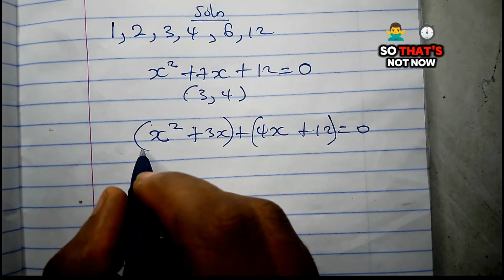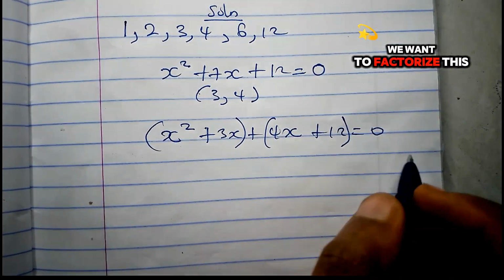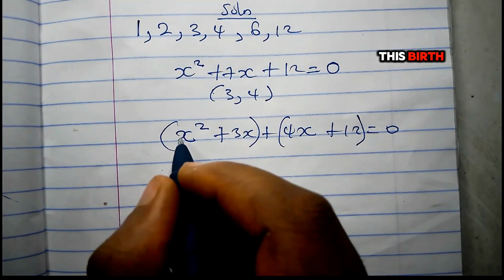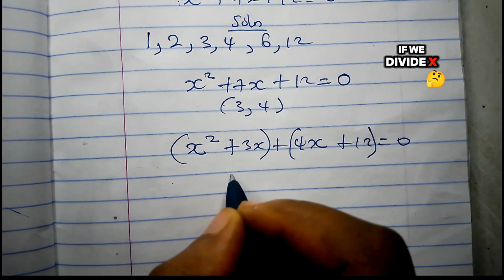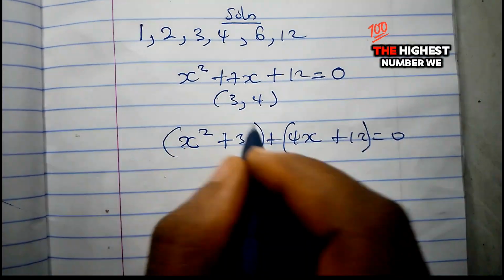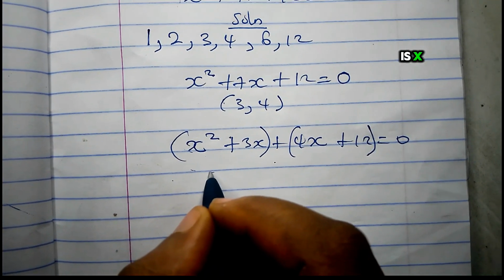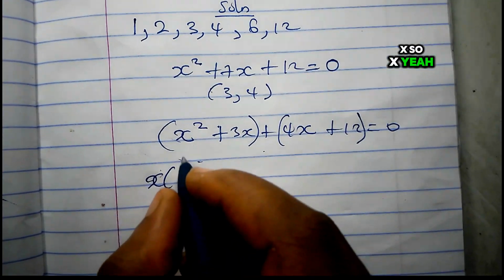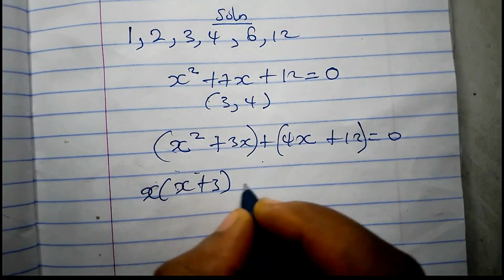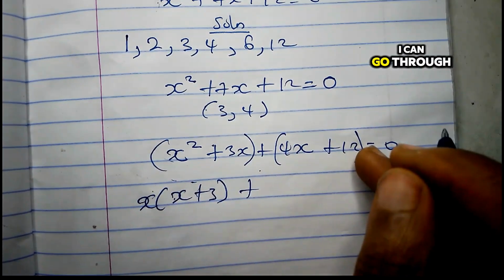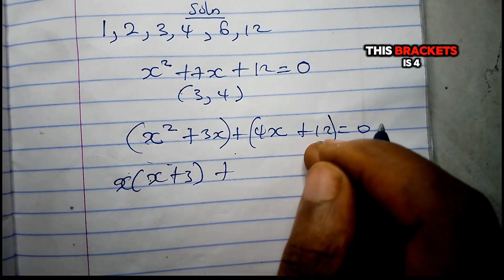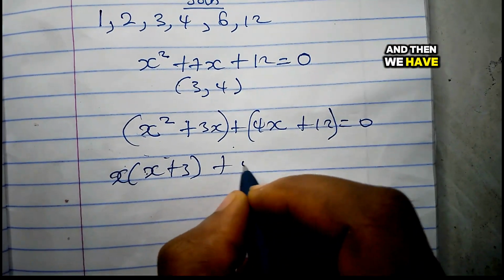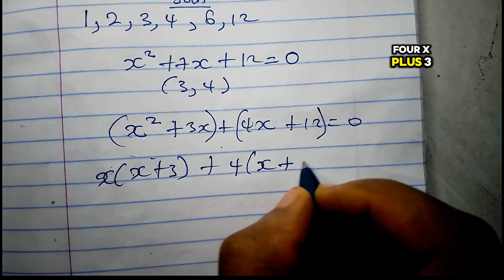Now we want to factorize this. We're going to bring out x from the first bracket, because the highest common factor we can take from it is x. What goes through the bracket is x plus 3. From the second bracket, the highest number we can take out is 4, so we divide through by 4 and have 4 times x plus 3.